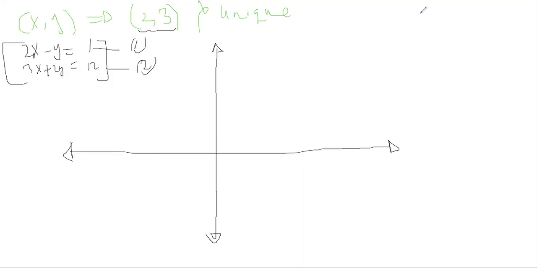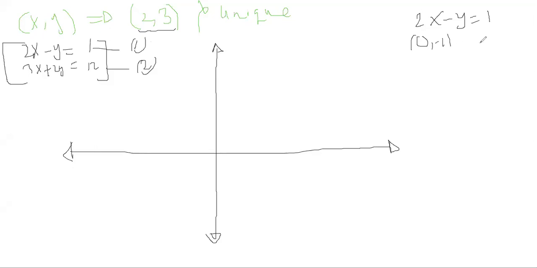So when we looked at 2x minus y equals 1, we will look at the intercepts. So the intercept will be this: when x equals 0, then y should be minus 1.